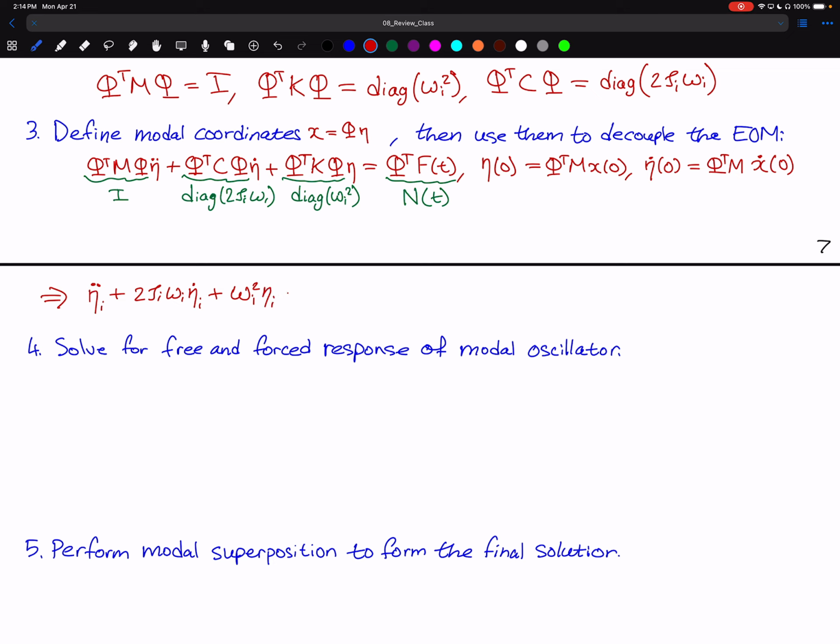And then this must be equal to N i of t, and then we'll have some initial conditions, eta i of 0 equal to h sub i, and eta dot sub i of 0 equal to g sub i.